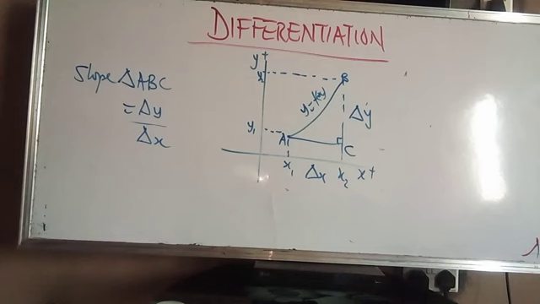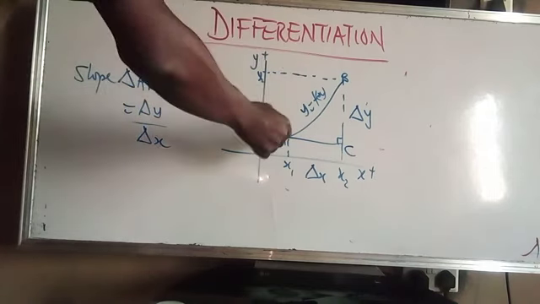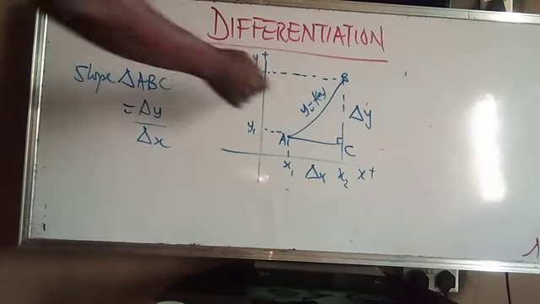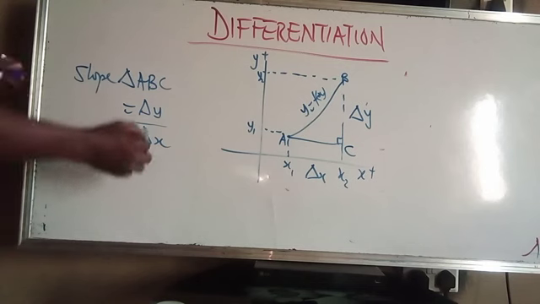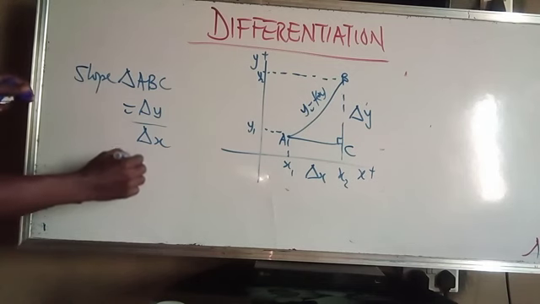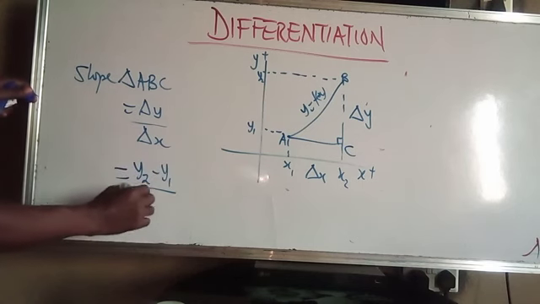That's the slope. And basically, the slope is talking about the slope of this graph. If I say the slope of triangle ABC, I'm talking about the slope of the graph y is equal to f of x. Which we all know means change in y all over change in x.